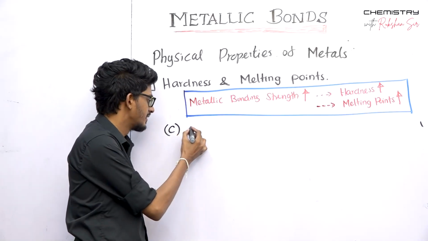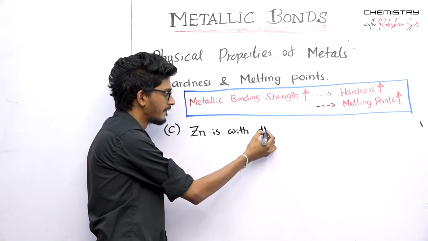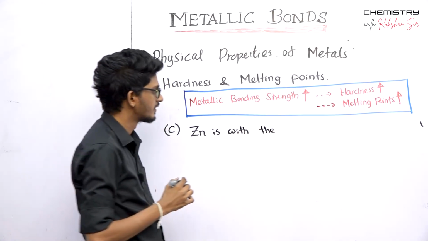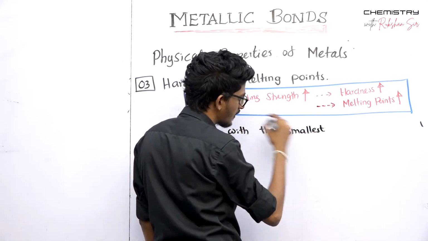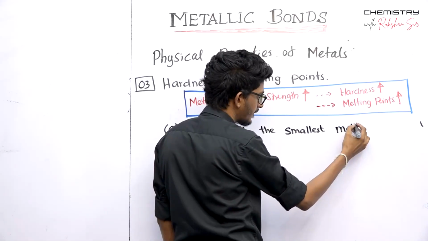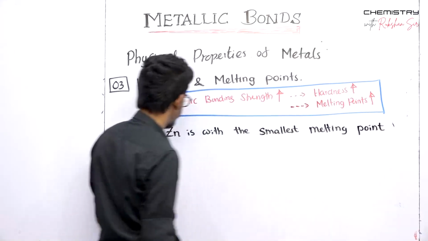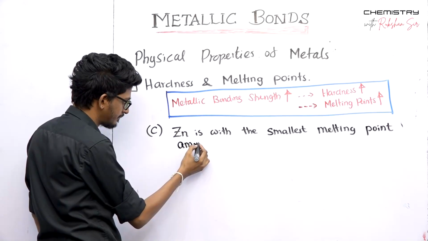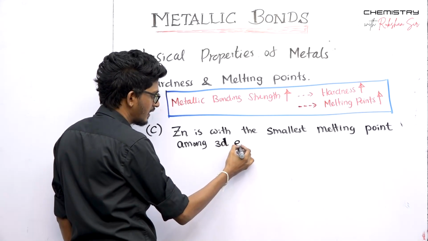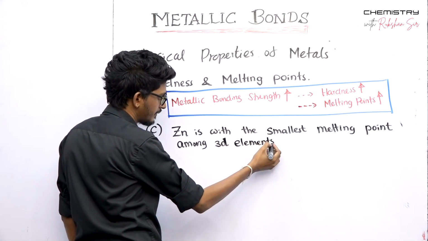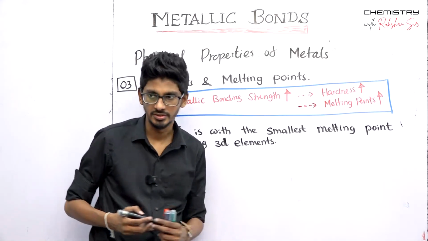Zinc has the smallest melting point among 3d elements. That is the kind of observation.